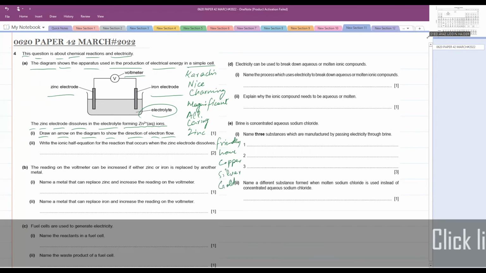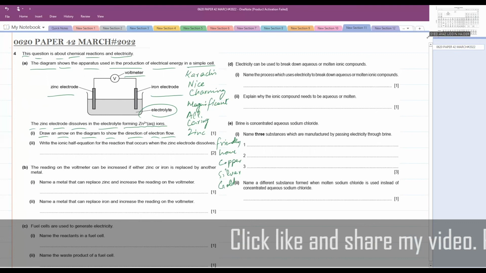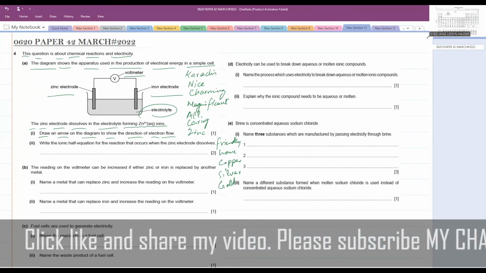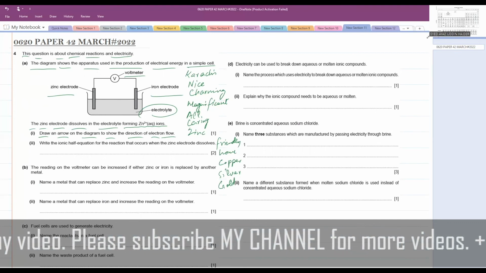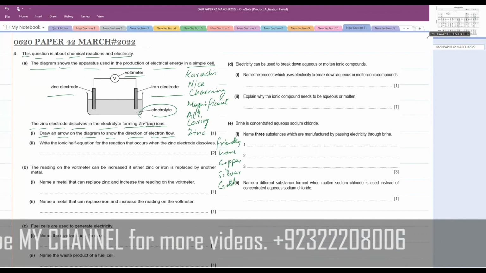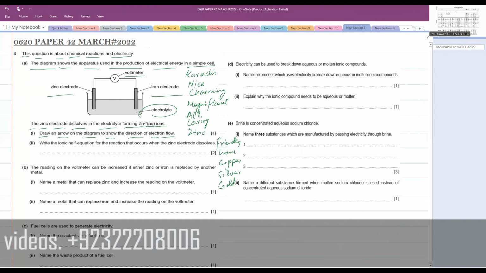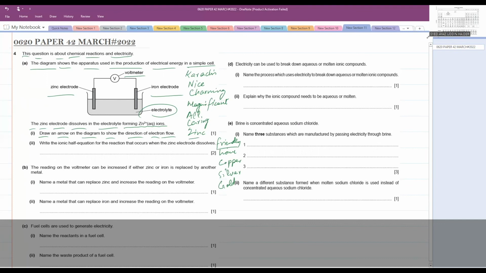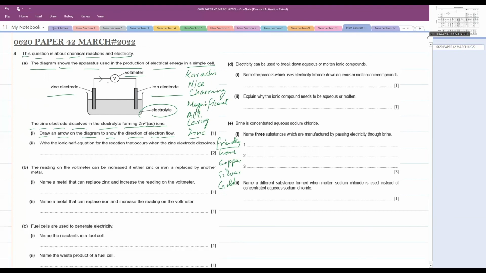So when you have zinc, the movement of electrons will be from zinc to iron. According to the series, zinc is more reactive than iron. So the flow will be like this.